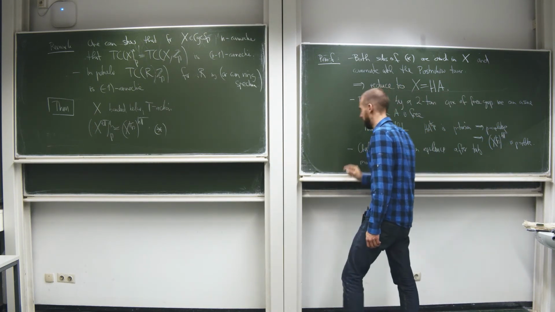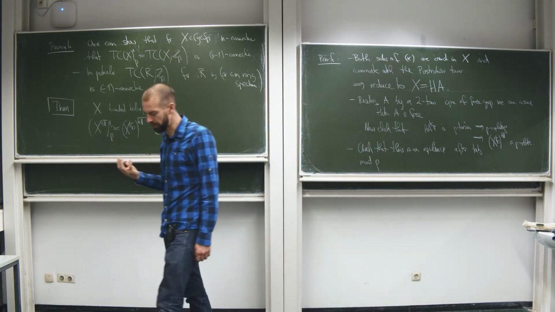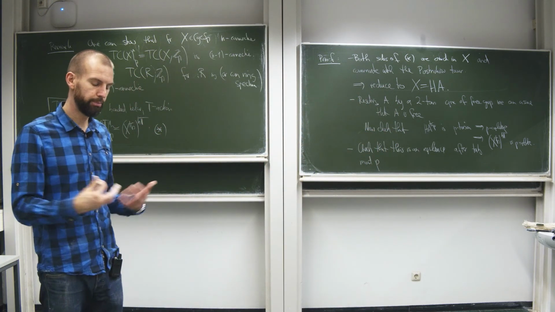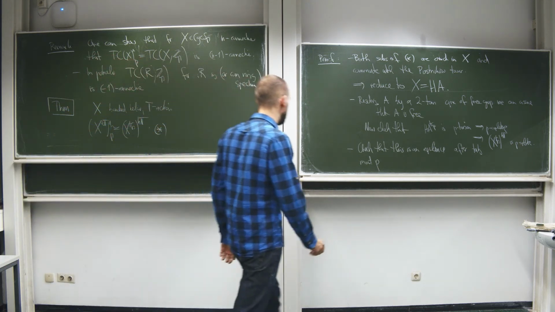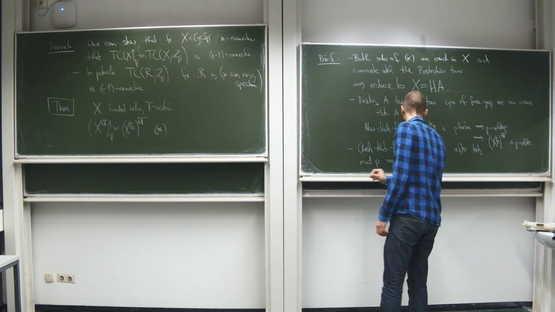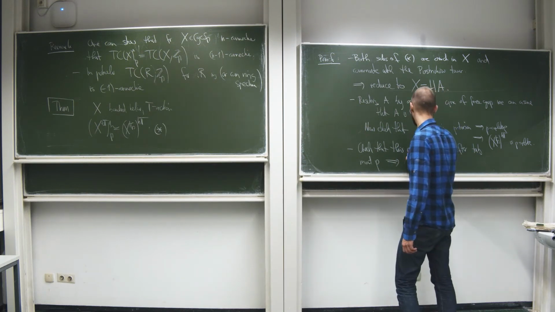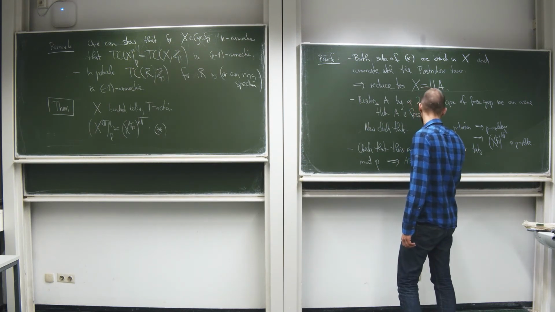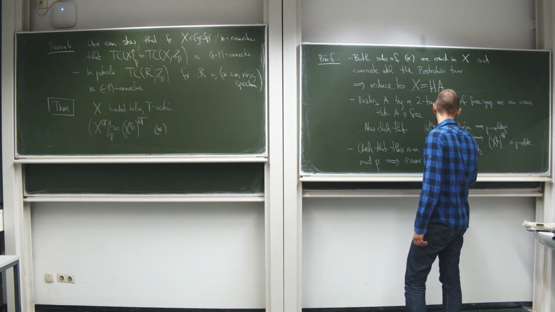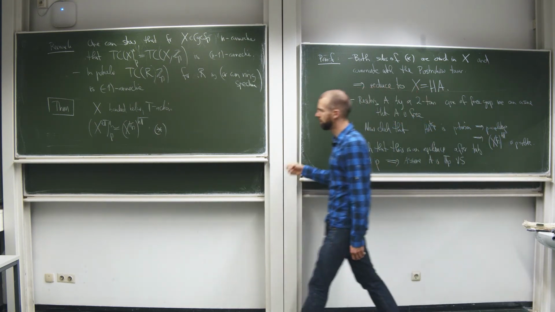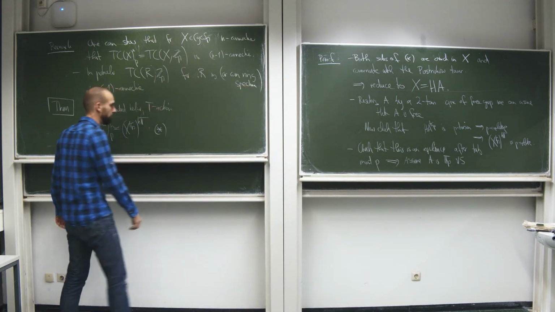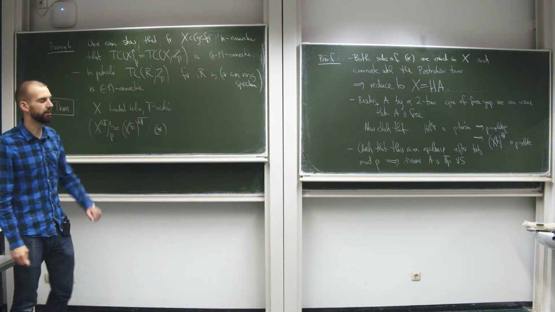Right, or the cofiber by multiplication with p, because if you have a map between p-complete spectra and you want to check it's an equivalence, you can do that after reducing mod p. So, as a result, can assume A is an Fp vector space. Right, because I just pull the mod p reduction through everything, and because A was torsion free, this is going to be an Fp vector space.